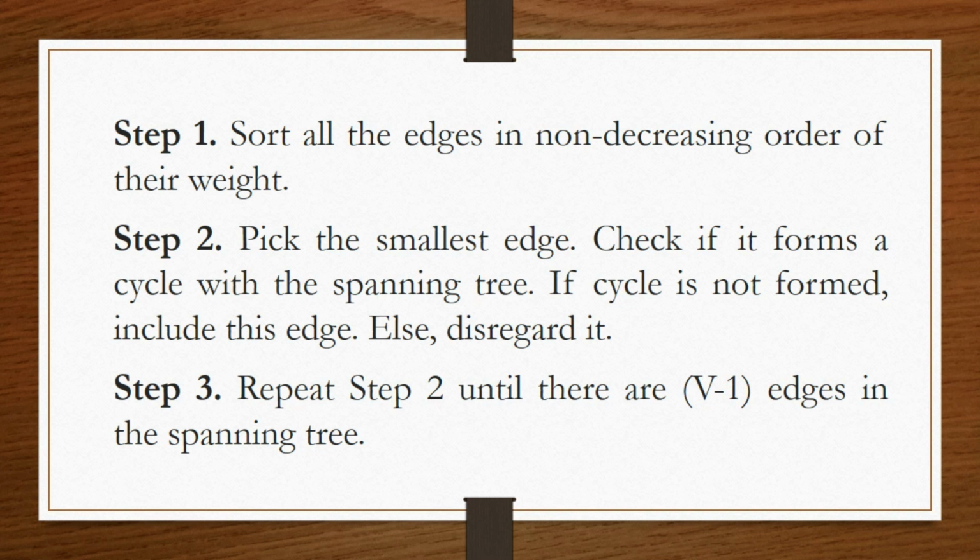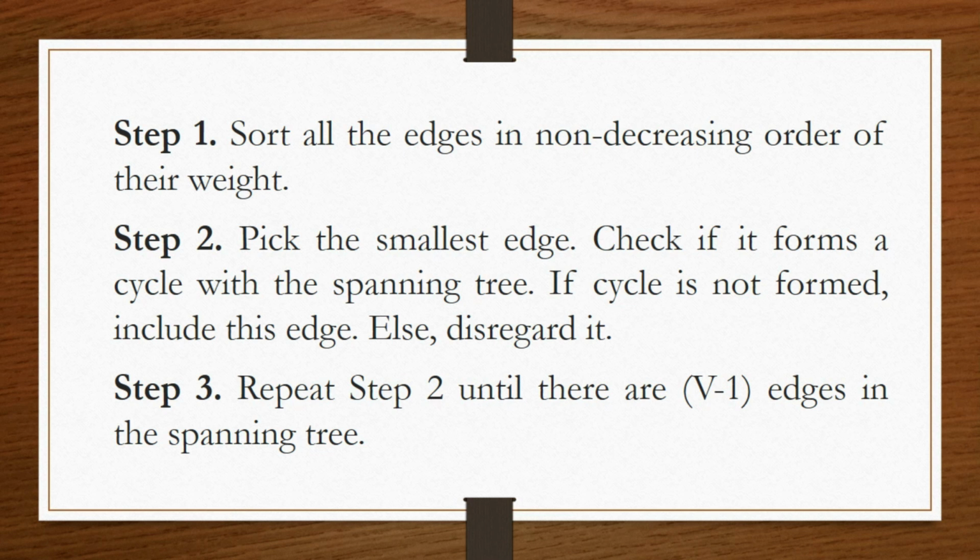And then after that, we're going to proceed to step 2, which is we're going to pick the smallest edge and check if it forms a cycle with the spanning tree. So sabi dito, if the cycle is not formed, we're going to include this edge and else disregard it.